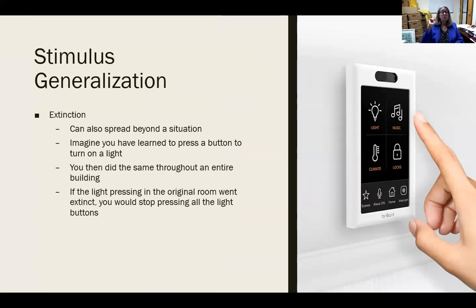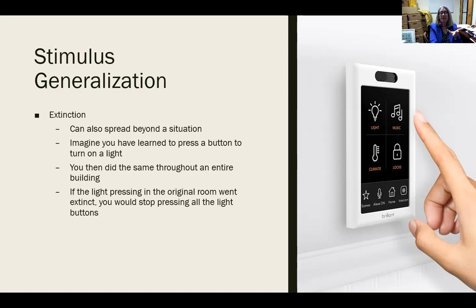You're not going to press the button anymore. You think that pressing that button is no longer going to give you that reinforcement of having the lights go on in the room. That's probably going to generalize to other rooms too, where you're going to stop pressing the light buttons in all of the rooms, not just the original room. Okay, so stimulus generalization also works with extinction.